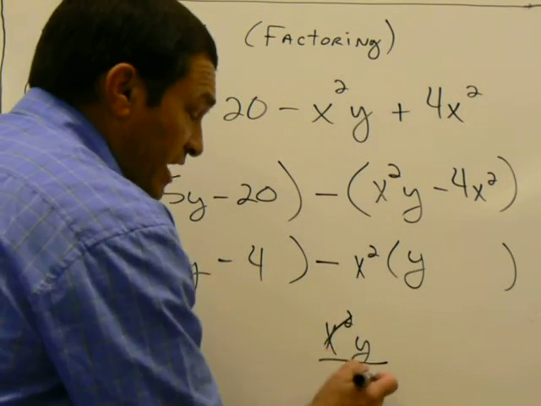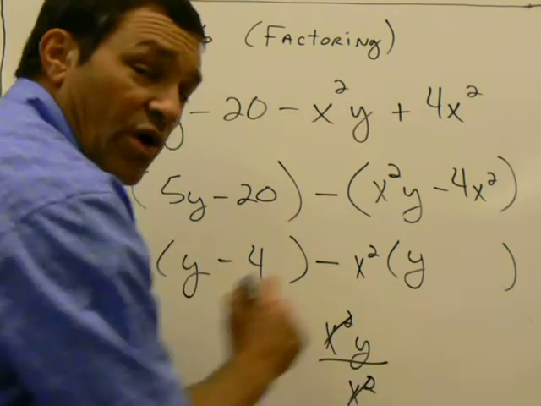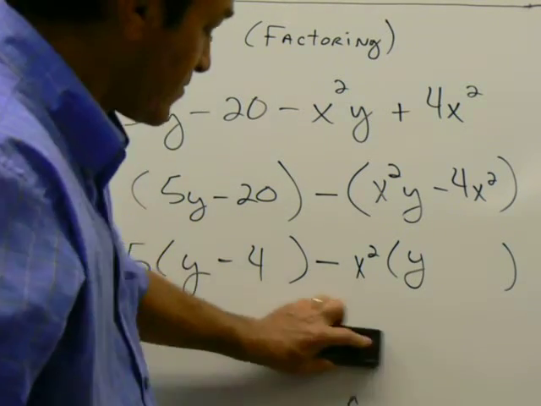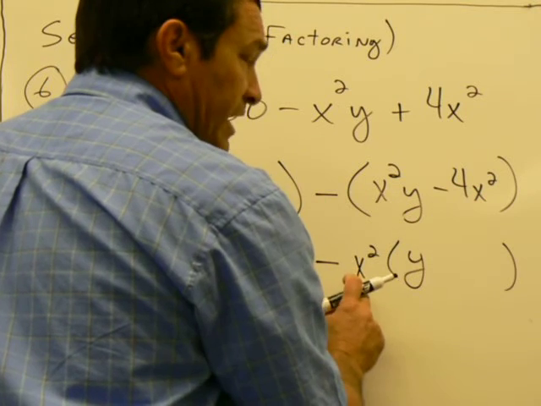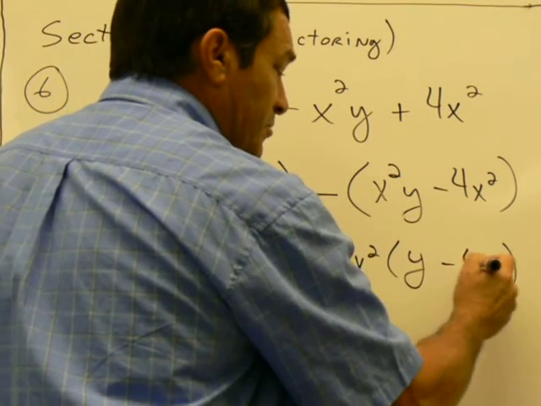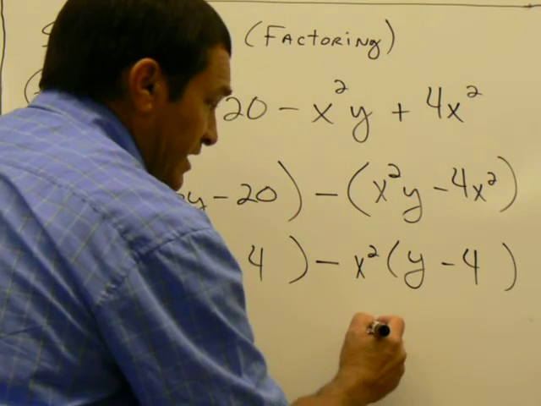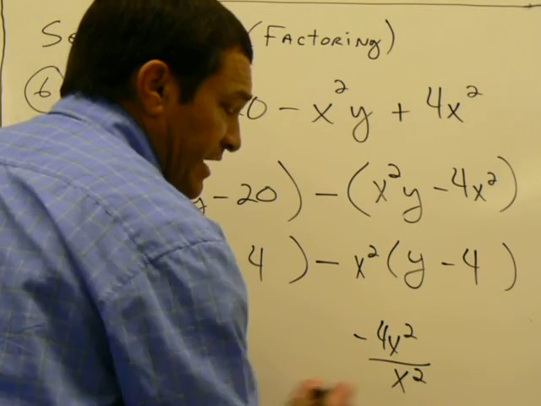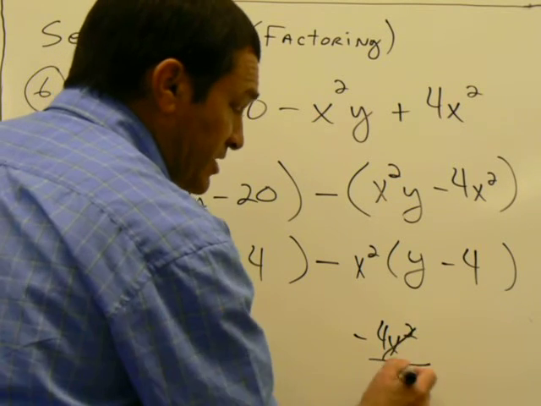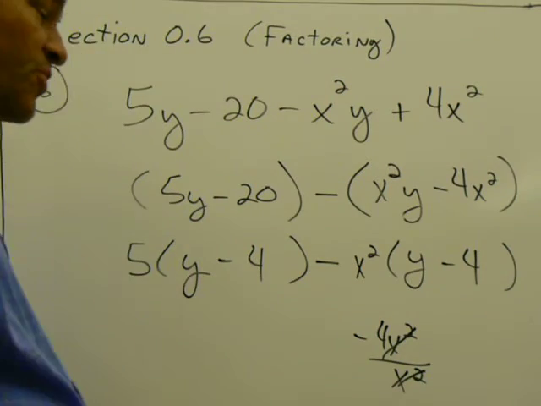Of course, these would cancel, and that leaves me with the y, which is where that y comes from. If I take minus 4x squared and divide it by x squared, to factor x squared out, that leaves me with a minus 4. Those cancel, and leave me with minus 4.